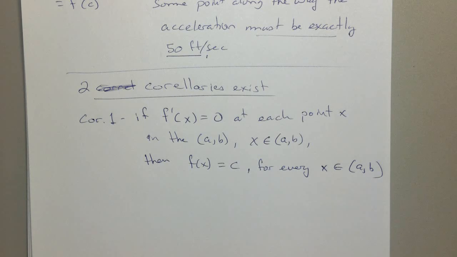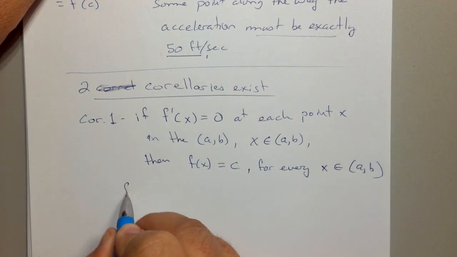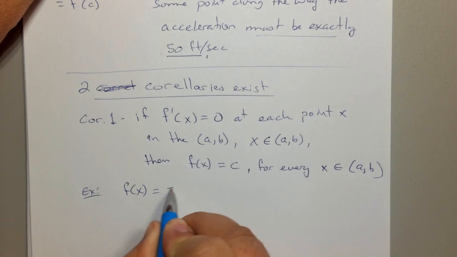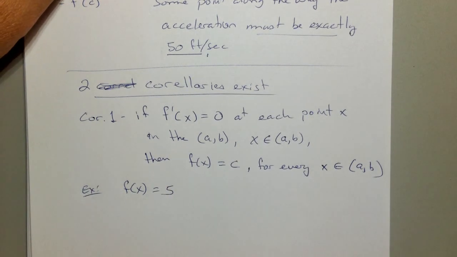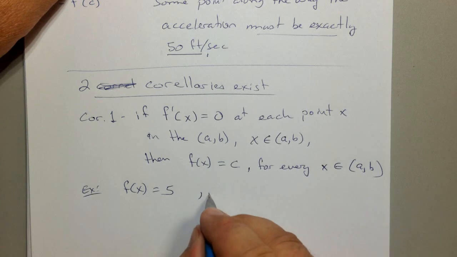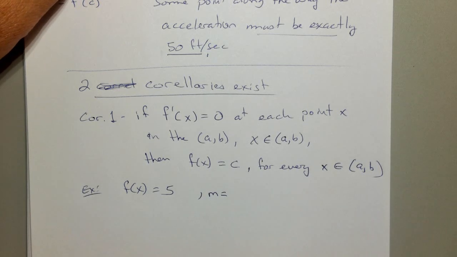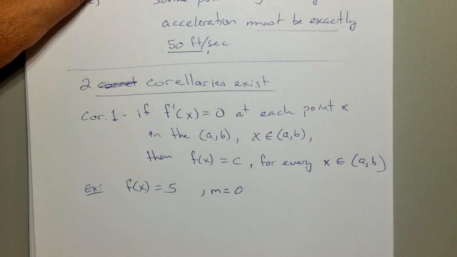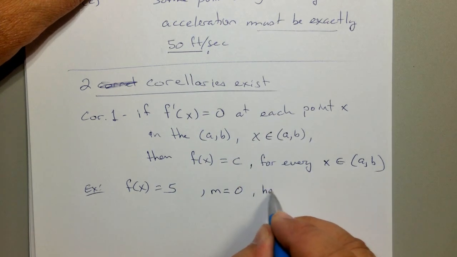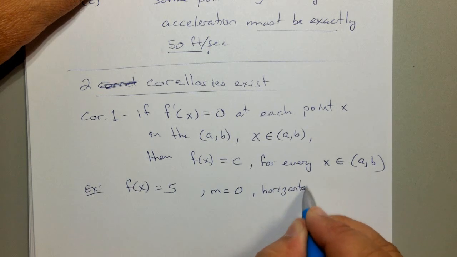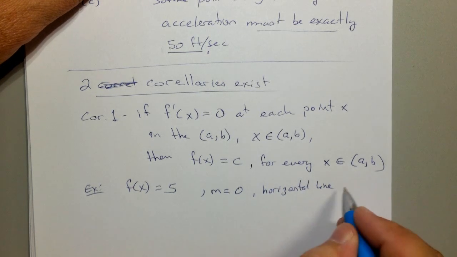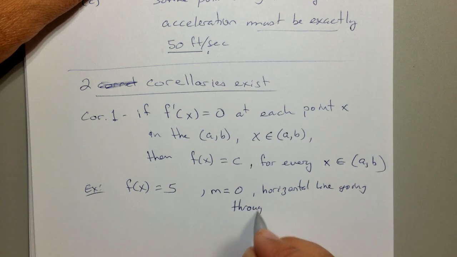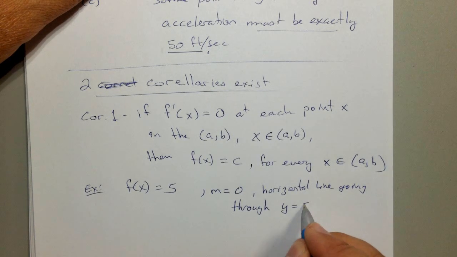Let's look at an example. If f of x equals 5, what's the slope of that graph? The slope is 0 because it's a horizontal line going through y equals 5.